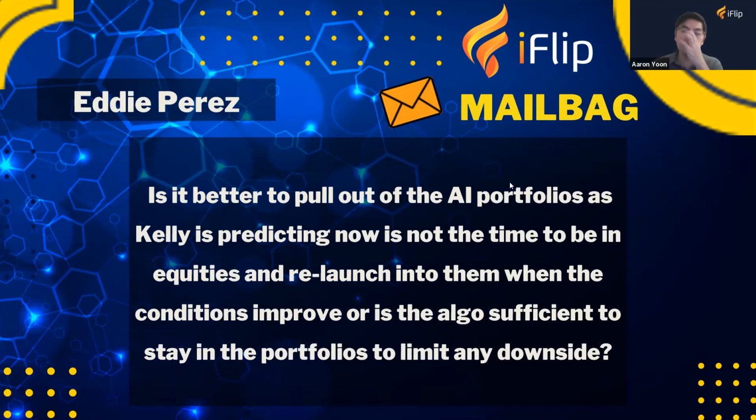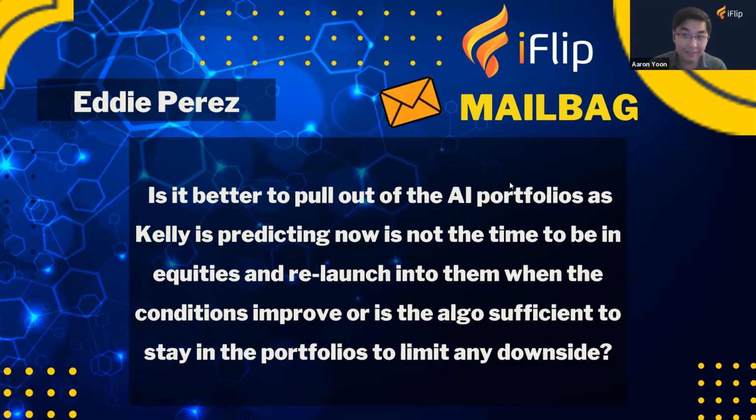So what you're setting up for yourself here, Eddie, is if you want to manually override something, you're more than welcome to. We give you the freedom to do that at iFlip. But sometimes it's a little bit of a double-edged sword, because you're signing up to be making two decisions.